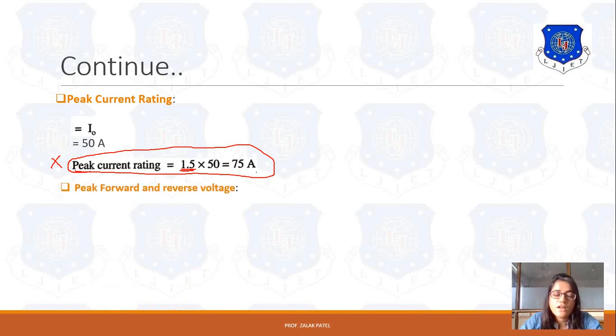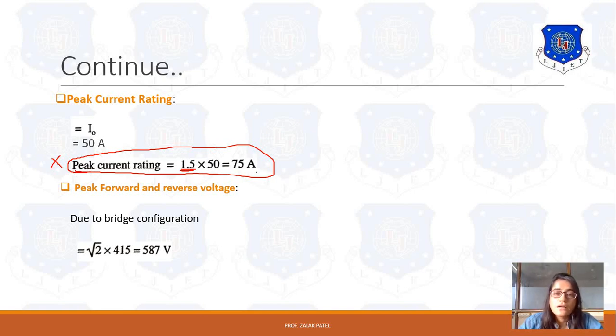Next, peak forward and reverse voltage. Due to the bridge configuration of full converter, as we discussed in the configuration, the answer will be root 2 times 415. Why root 2 times?